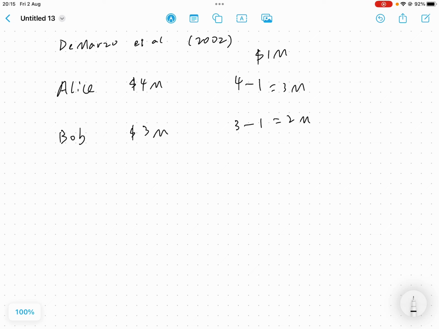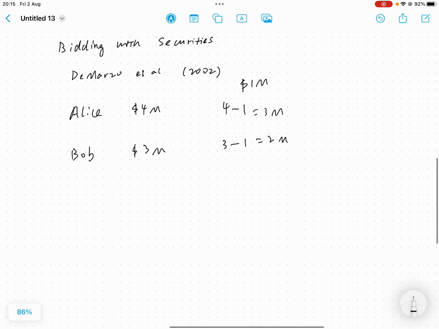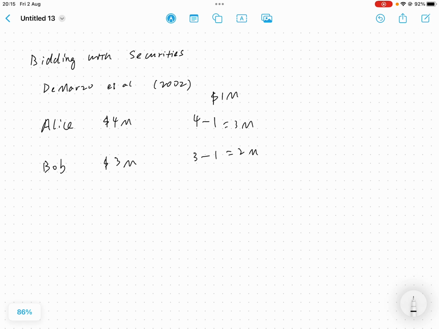So let's say that instead of cash, Alice offers 3/4 of the future cash flows, because 3/4 is how we get this. But Bob only offers 2/3 of the future cash flow to the seller.